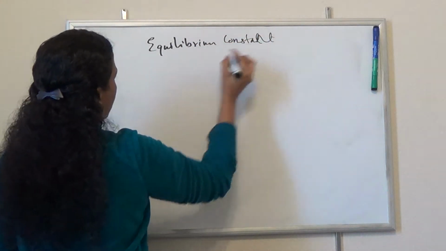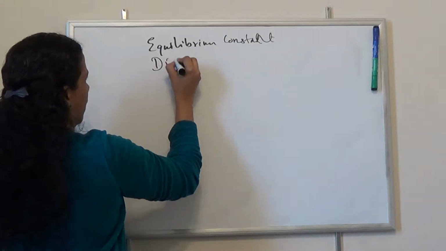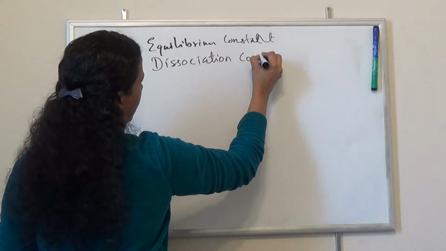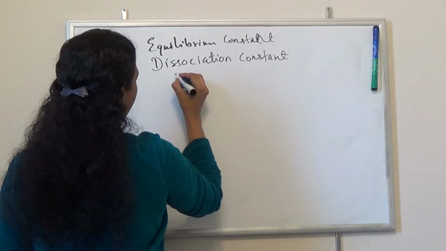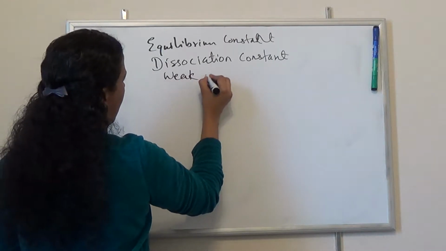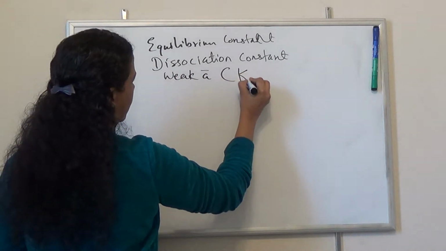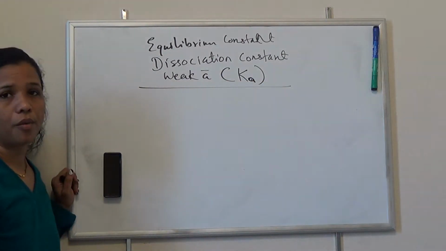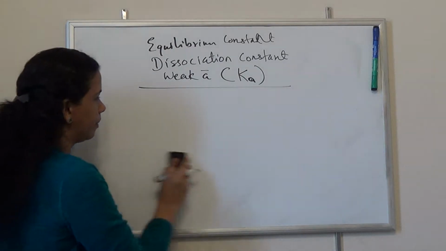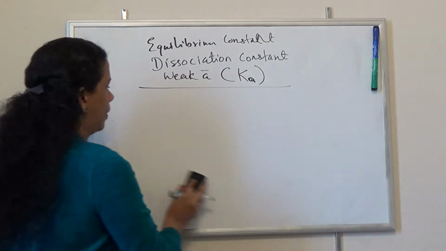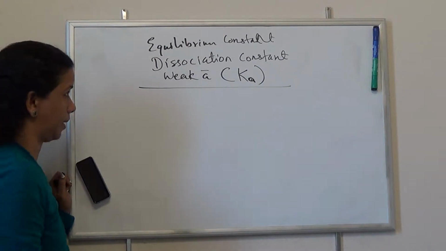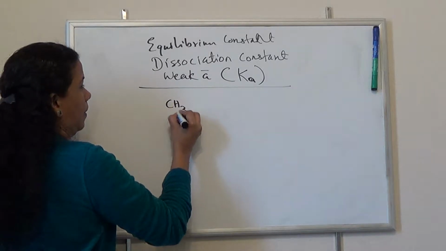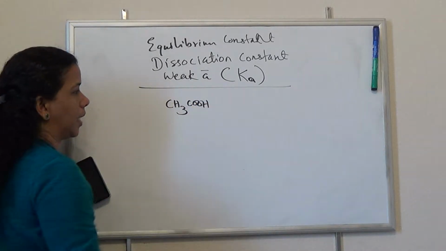Actually they are not called equilibrium constants, they are called ionization or dissociation constants. First for weak acids, that is represented by Ka, the dissociation constant for a weak acid. Consider a weak acid, acetic acid.